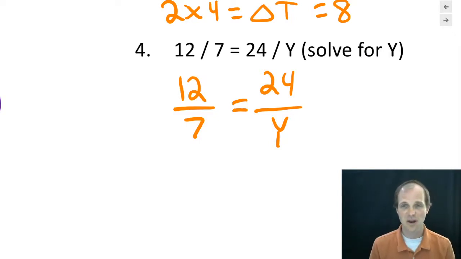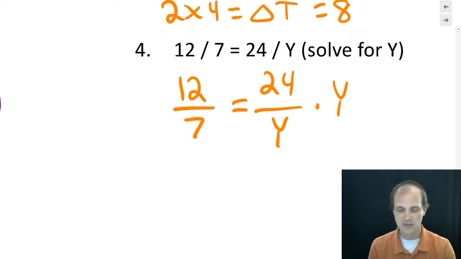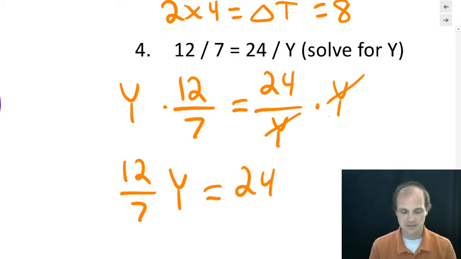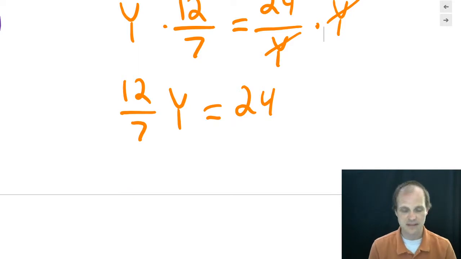But when you see a y, and it's very visibly on the bottom, then you know that in order to cancel it, you need 1 on top. And so I'm going to multiply both sides by y. And so I get 12 over 7y is equal to 24, because these guys cancel. Now, I want to get y by itself, so what I'm going to do is I'm going to multiply by 7 over 12.